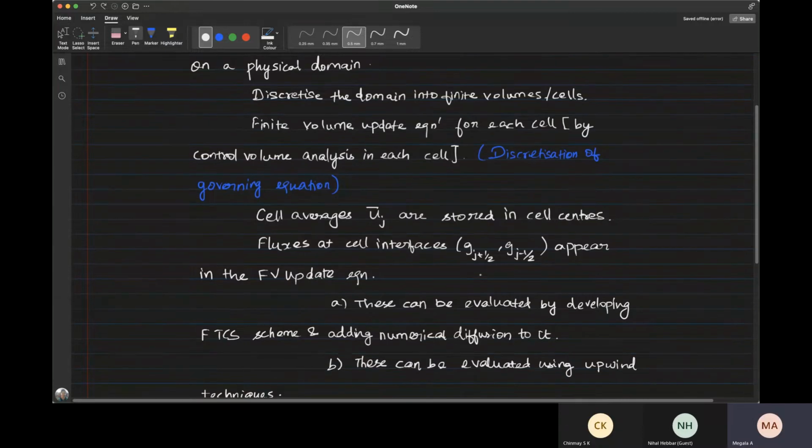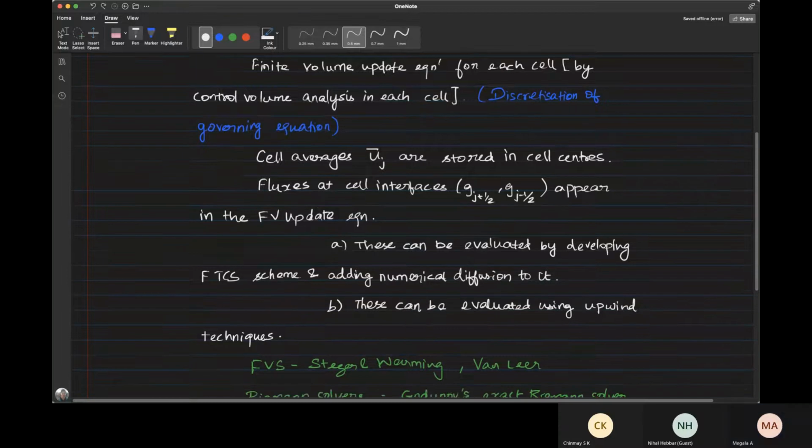But in the same update equation, you have some values at cell interfaces also, that are fluxes. Now you have to evaluate those values by some method. Because you only store values at cell centers and not at cell interfaces, you will have to develop some method to find values of G at cell interfaces.